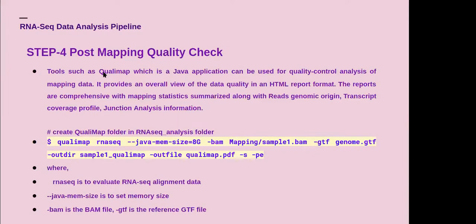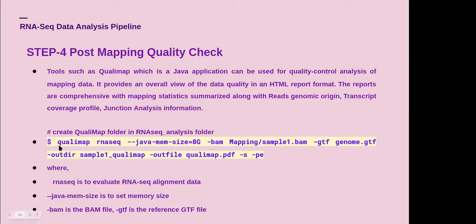Post mapping quality check: we have to do a quality check even after we do the mapping, because what if we do a mapping but only 20% of our genome is related to the Wuhan genome? Then we can say that it may not be coronavirus, it may be something else. So we have to do the quality check even after the mapping.